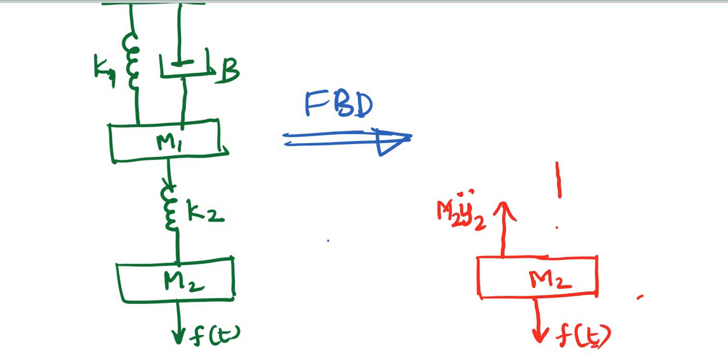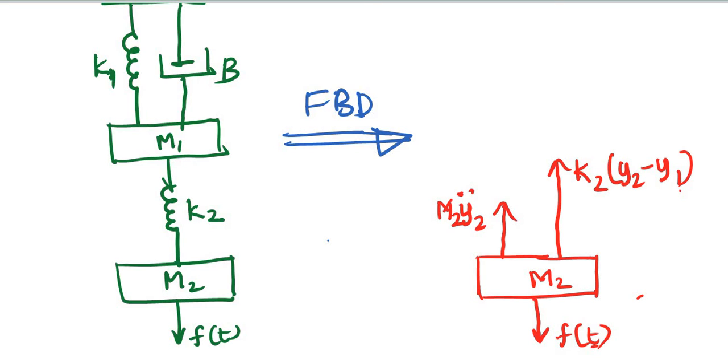Another is due to the spring, represented by K2 into y2 minus y1. The force is K2 into y2 minus y1 because the spring stores potential energy, and it is connected between two moving masses M1 and M2, so the net displacement between the two points is y2 minus y1.